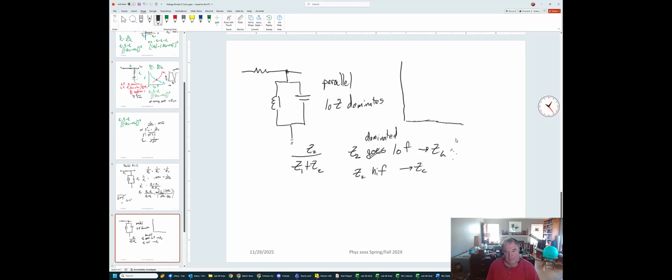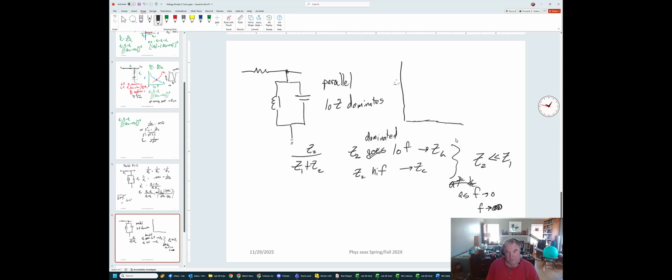In either case, now Z2 is less or much less than Z1 at high and low, or as F goes to 0 or F goes to infinity.